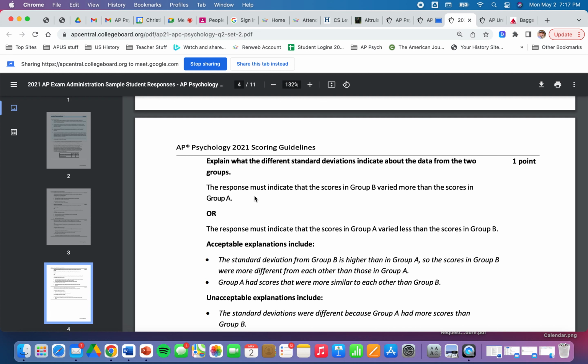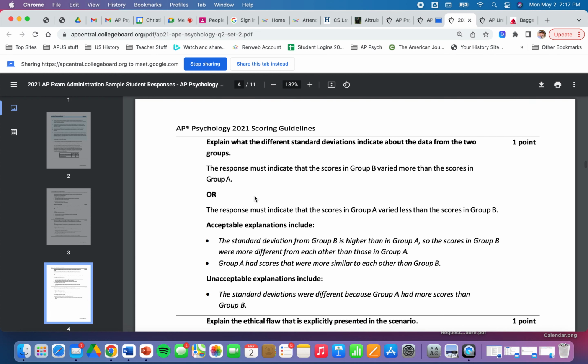So you're right here, where if you would have put the standard deviations were different because Group A had more scores than Group B, that wouldn't have been good, okay? But if you would have put something like the standard deviation from Group B is higher than Group A, so the scores in Group B are more different from each other than those in Group A, that would have gotten it.